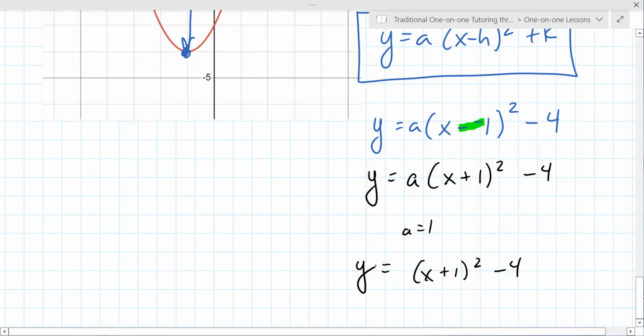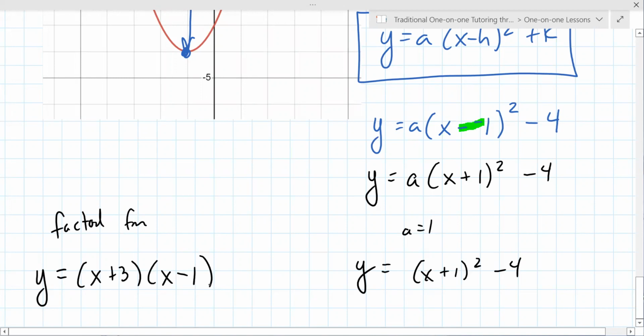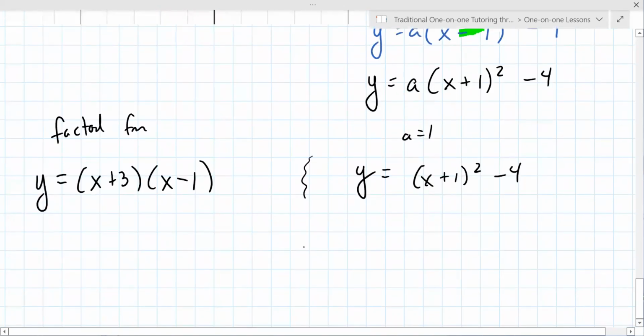Now we had the factored form, (x plus 3)(x minus 1). We now need to prove that these are the same.